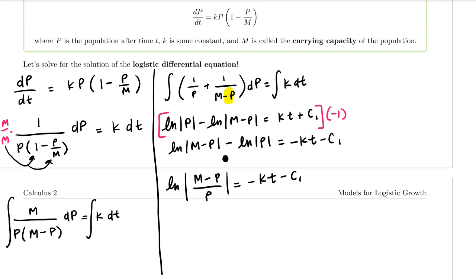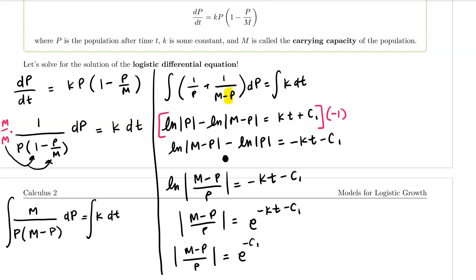And if I apply e on both sides, I can get rid of the natural log. I'm going to split this up using the exponent rule, so I have e to the negative C1 times e to the negative kt.